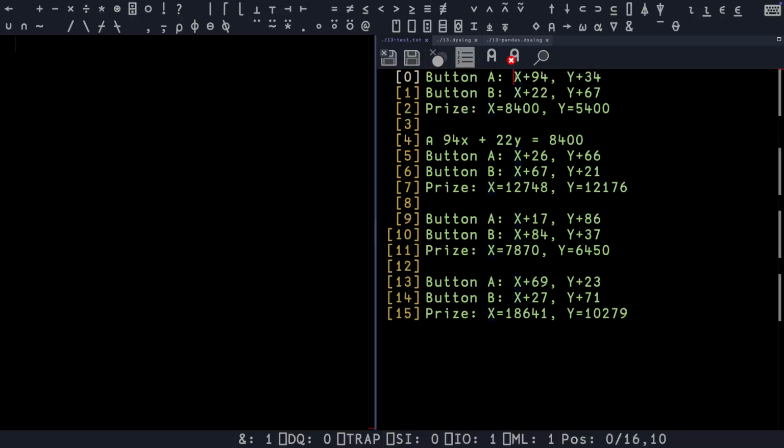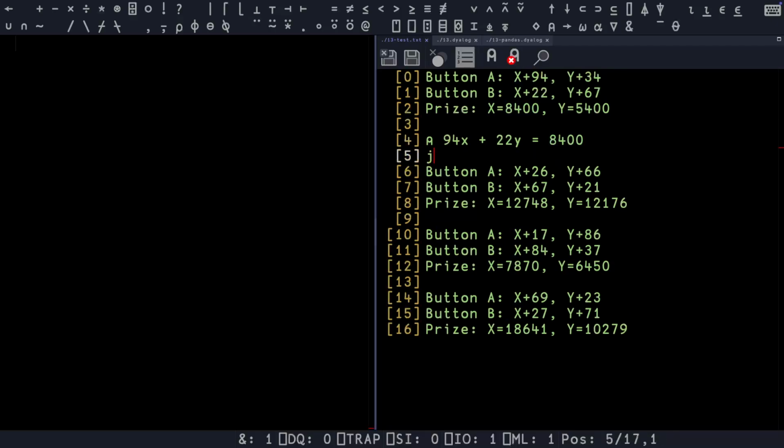This is the first column of this answer here. And then the other one would be 34x plus 67y equals 5400.